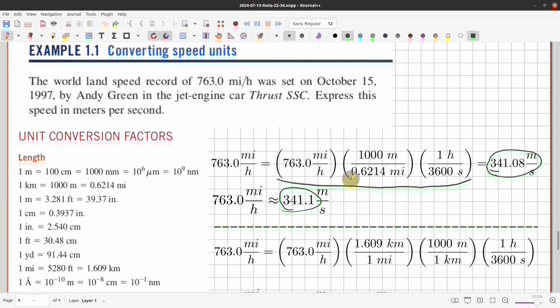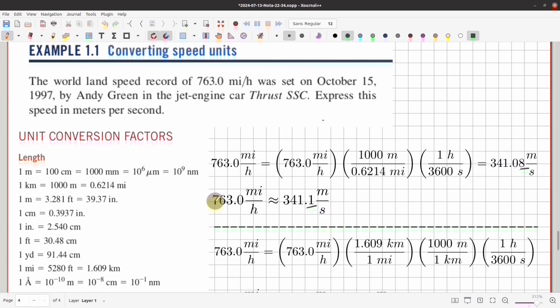Remember, zeros to the left don't count as significant figures, so we have 4 significant figures here. To round, we look at the last digit. If it is greater than 5, we round the previous digit up. In this case, we round the 0 up to 1.